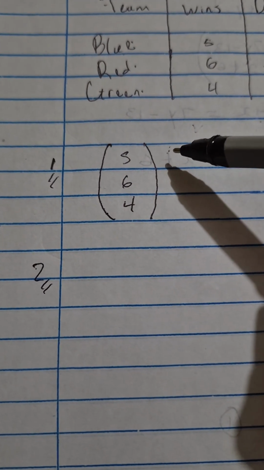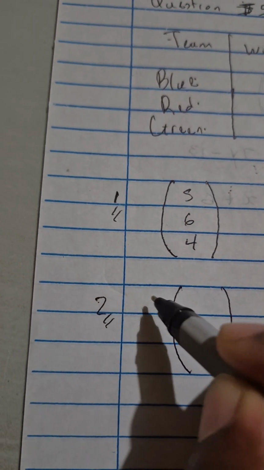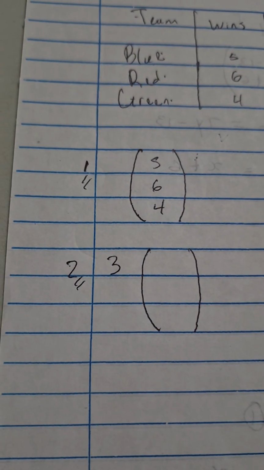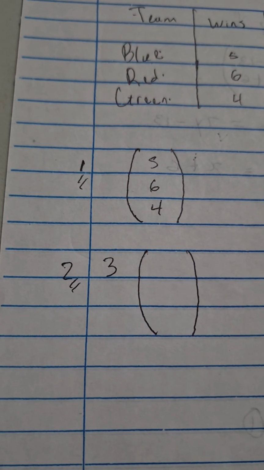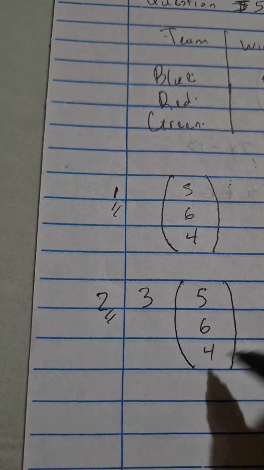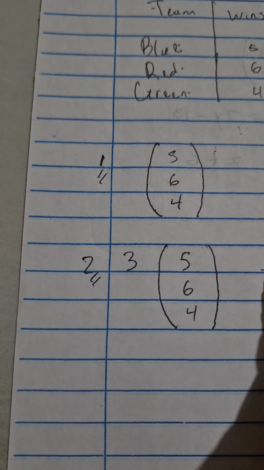But seeing that they get 3 points for each win, what we can do is some scalar multiplication. So we can use our scalar element 3 because they get 3 points for a win, and we rewrite the same column matrix, and then we multiply.